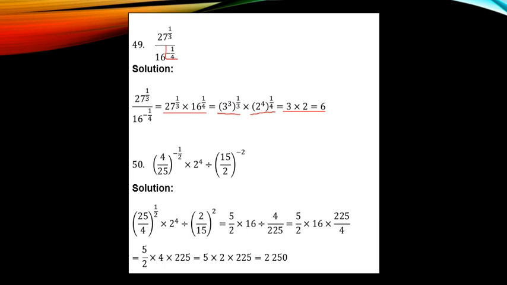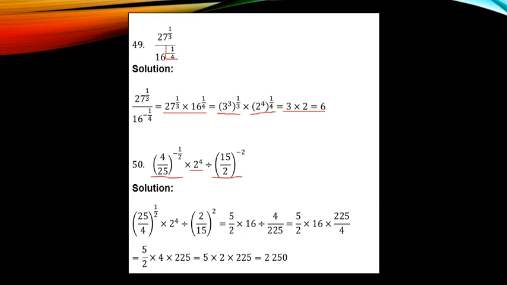Example 50. You have bracket open, 4 over 25 to the power of minus half, times 2 power 4, divided by 15 over 2 to the power of minus 2.